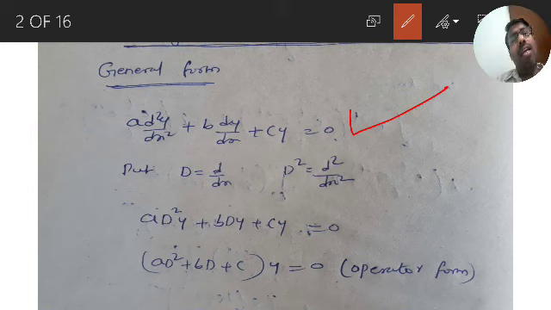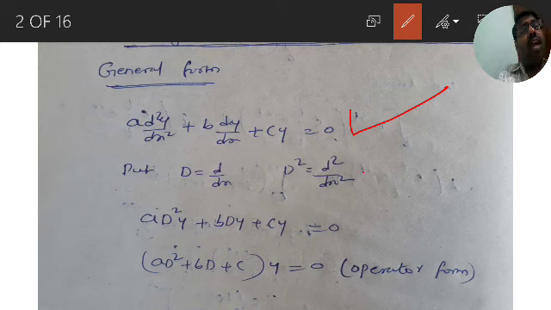Now put capital D is equal to d by dx, and capital D square is d square by dx square. D cube is d cube by dx cube, third order. Capital D to the power of 4 is d to the power of 4 by dx to the power of 4. So now substitute in the general form, what will you get?